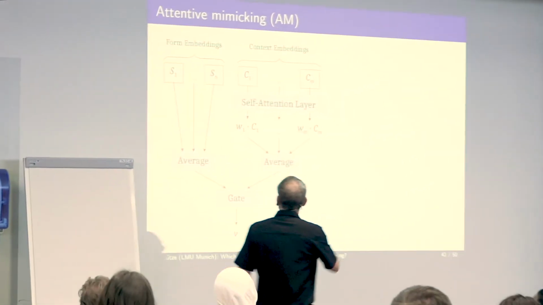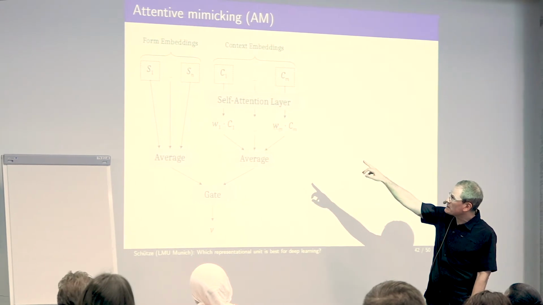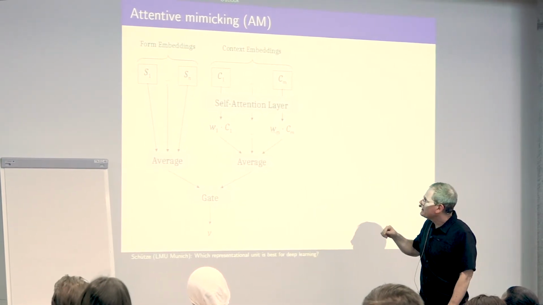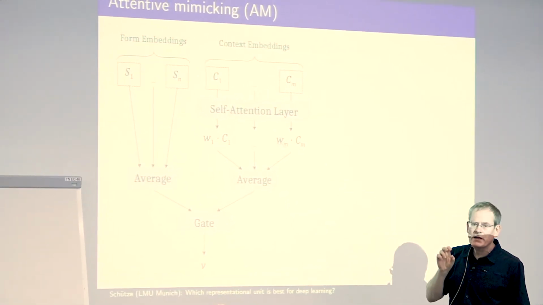We're basically applying that here to BERT, and this is the particular architecture we're using. What you see here is first the split into form embeddings and context embeddings. This is where we look at the character string, that's the left part of the model. S1, Sn, and so on are simply character n-grams.